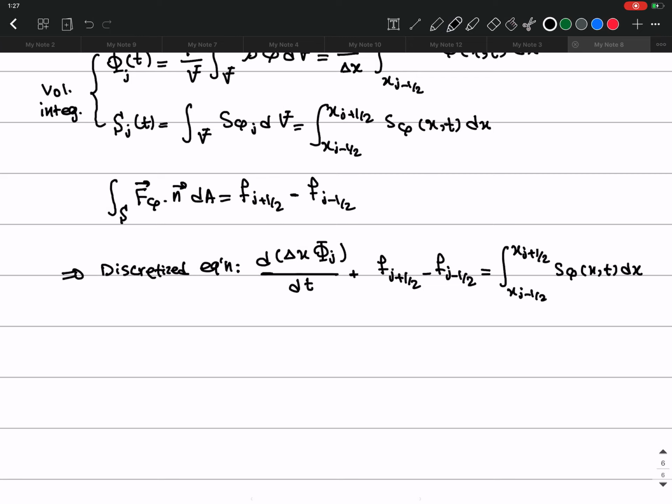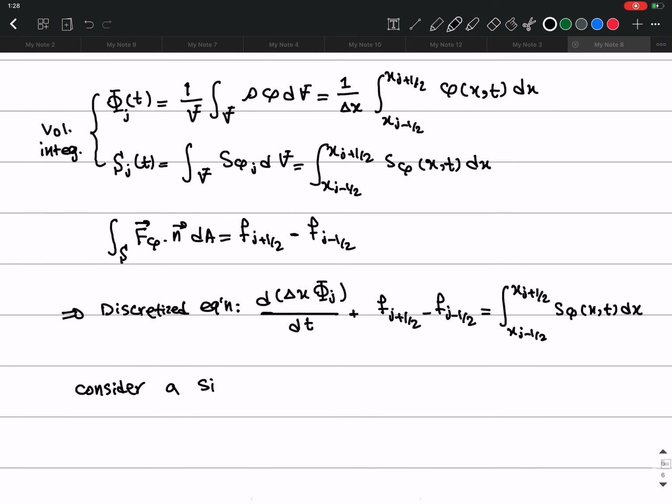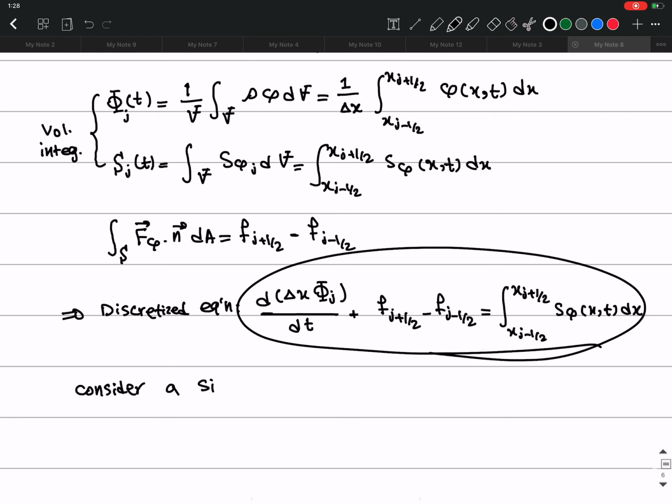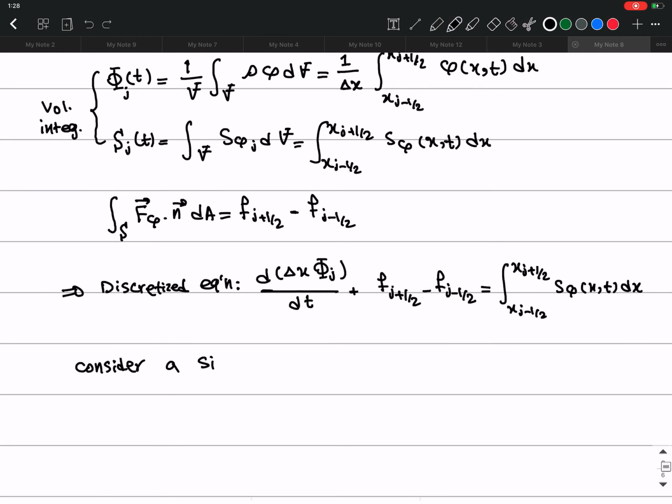Okay, for a general form. So let's look at a simpler form. This is a very generic equation that holds for most transport equations. So consider a simpler form, which is the linear convection equation.